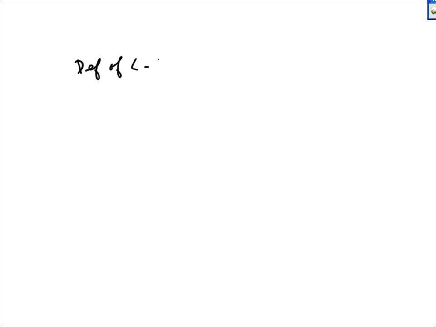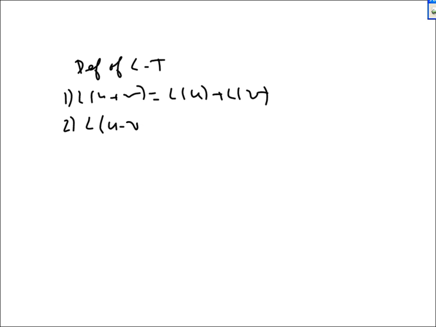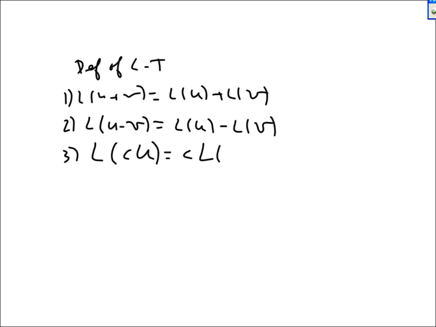The definition of linear transformation: a mapping from Rn to Rm that satisfies L of u plus v equals L of u plus L of v, L of u minus v is L of u minus L of v, and L of Cu is C times L of u.